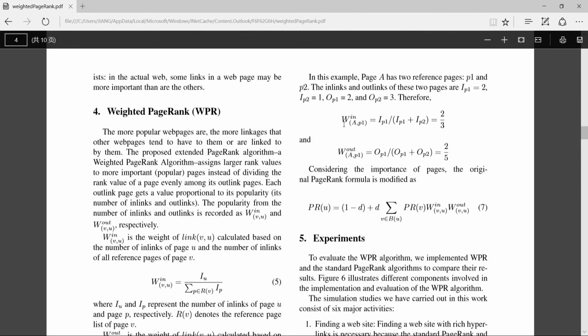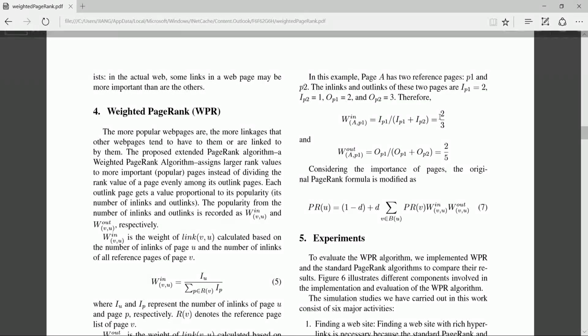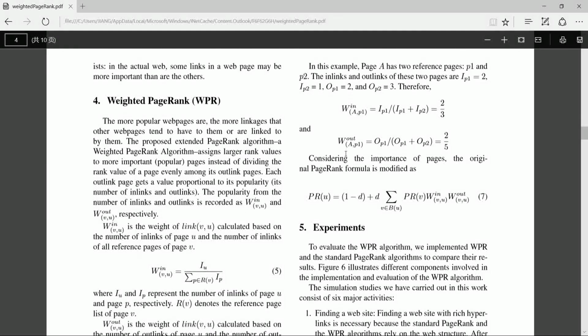Therefore, weight inlinks is 2 over 3, and weight outlinks is 2 over 5.